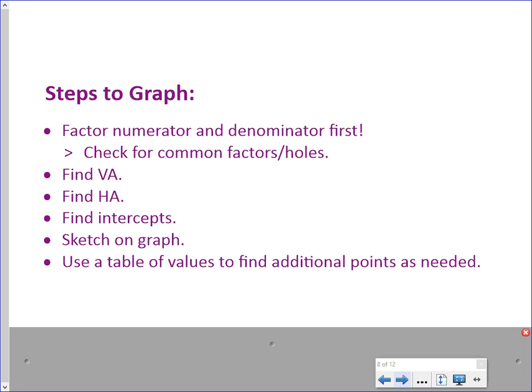I'll generally say, think about your graph as being split up by vertical asymptotes. Have at least 2 or 3 points on either side of the vertical asymptote. That'll just ensure you've got a pretty accurate graph in the right location.